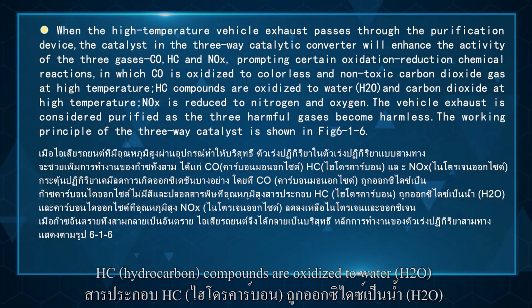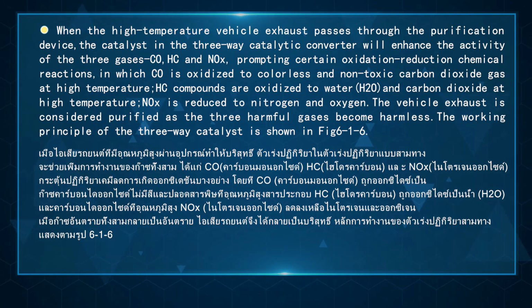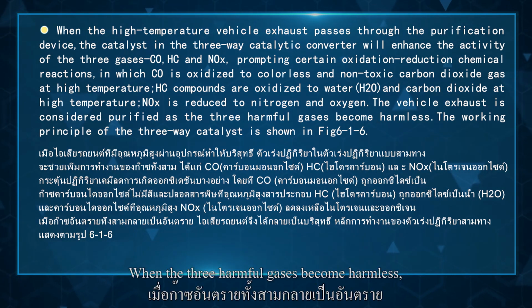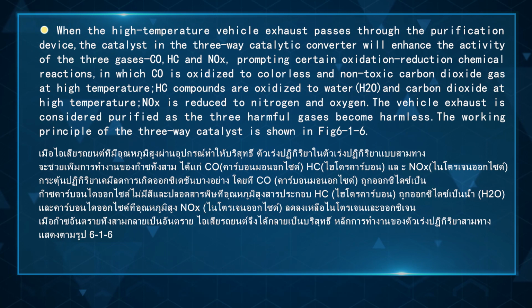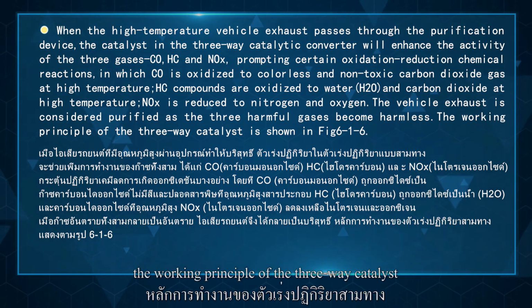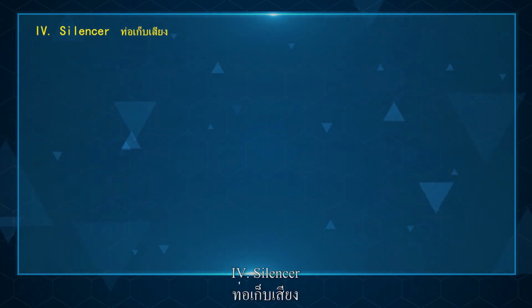Hydrocarbon components are oxidized to water, H2O, and carbon dioxide at high temperature. Nitrogen oxides are reduced to nitrogen and oxygen. When the three harmful gases become harmless, then the automobile exhaust is considered purified. The working principle of the three-way catalyst is shown in figure 6.1.6. 4.